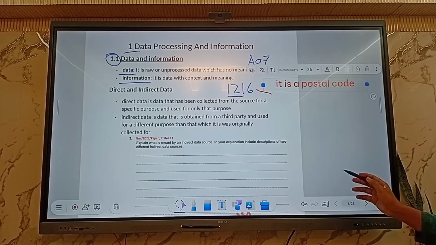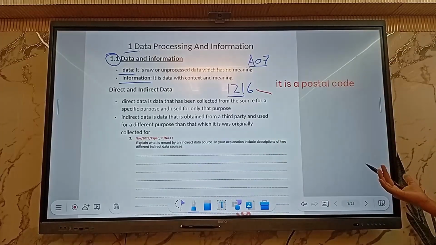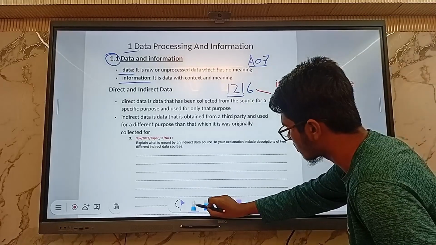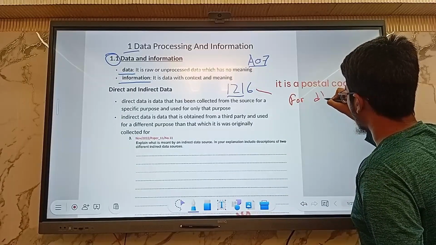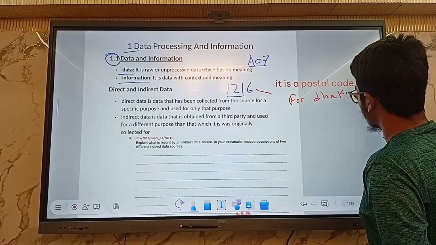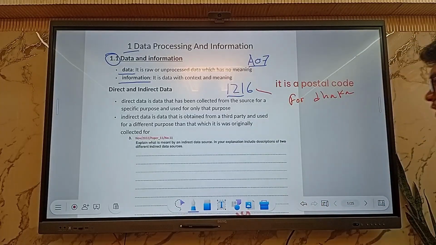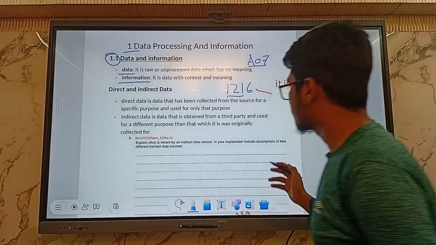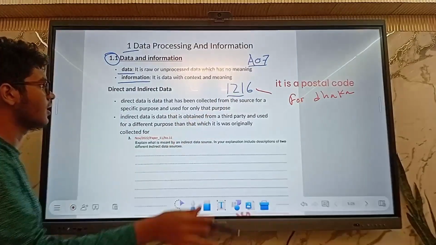So now what we have done is we have given it context and meaning, right? It is a postal code for what? It is a postal code for Dhaka. So if you do not know what is Dhaka, Dhaka is the capital of Bangladesh. So now I have given it meaning. So now this is not just data, it is information because now it has meaning.